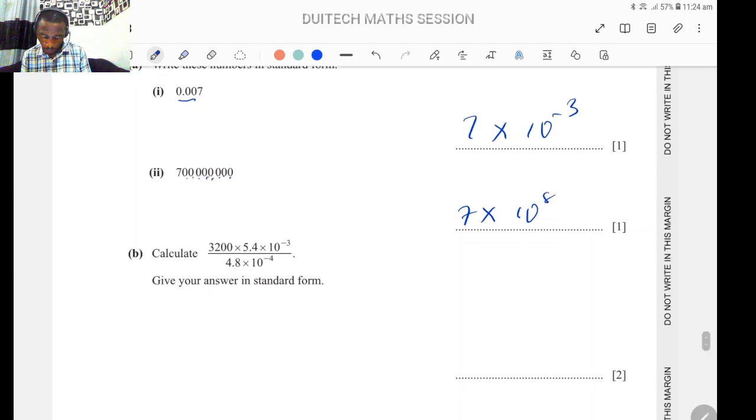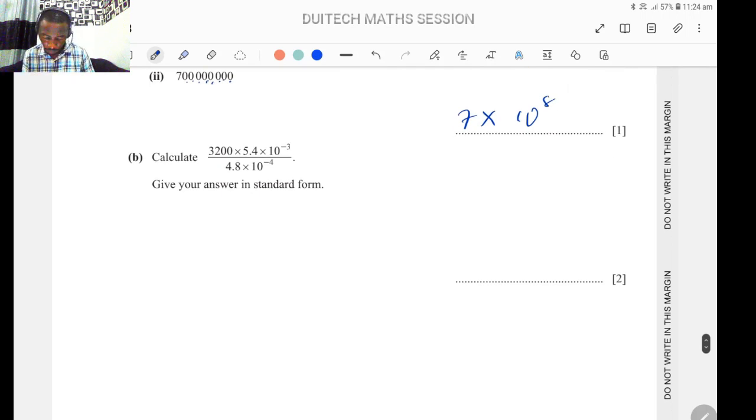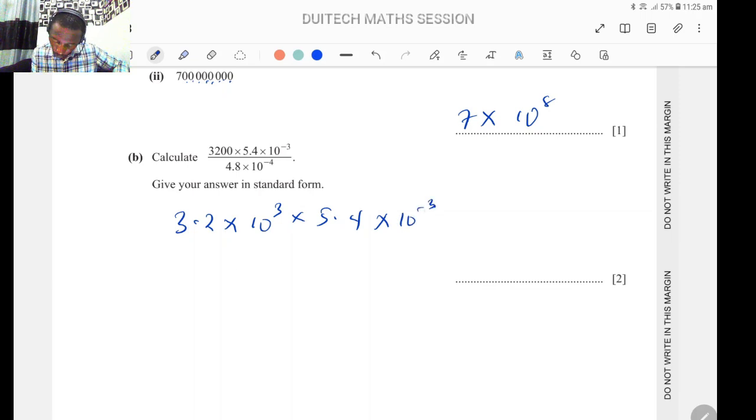8. Here it says calculate this, and give your answer in standard form. It's actually very simple. Our answer should be in standard form, so first of all, if I'm you, I'll write this in standard form too. I have 3.2 times 10 to the power of 3, because it is 4 minus 1. Then times 5.4 times 10 to the power of minus 3, all over 4.8 times 10 to the power of minus 4.